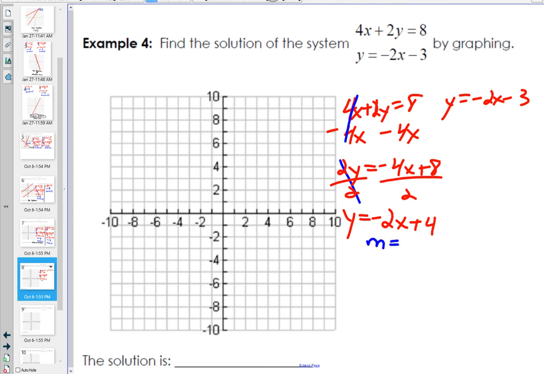So both lines had a slope of negative 2 over 1, but the first one had a y-intercept of 4, and the second one had a y-intercept of negative 3. So 0, 4, down 2, right 1, down 2, right 1.